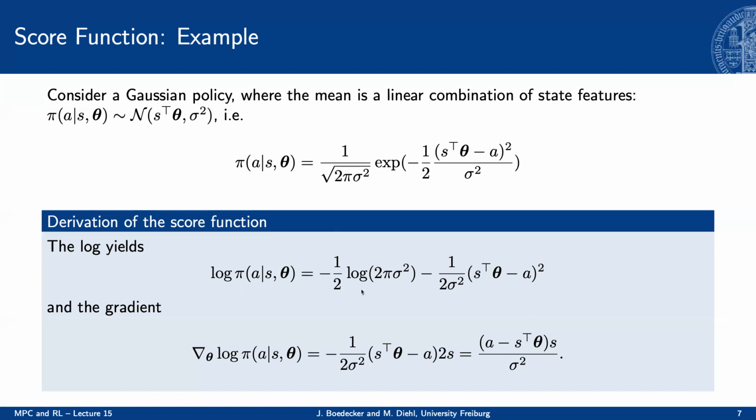Then you separate out these terms. So the log will cancel with the exponential, and you're left with these two negative terms. And if you take the gradient with respect to theta, the first term does not depend on theta, so it becomes 0. And then you're left with the gradient of this, and this simplifies to this expression here. Just to give a concrete example of how this is calculated.